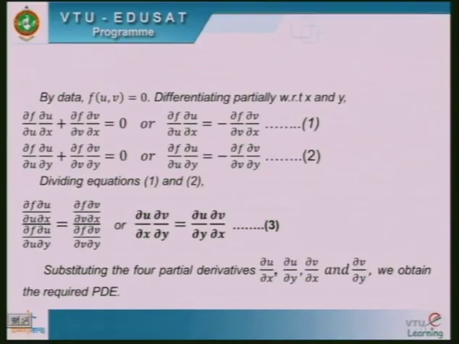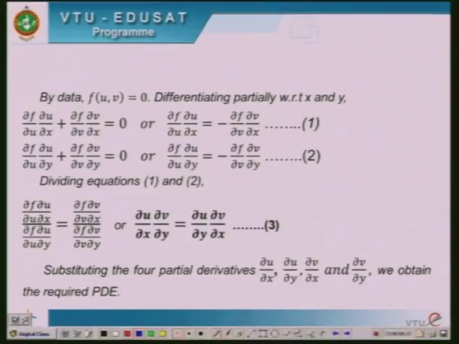So, you start with f of u comma v equal to 0, apply chain rule, differentiate partially with respect to x first, then differentiate partially with respect to y.